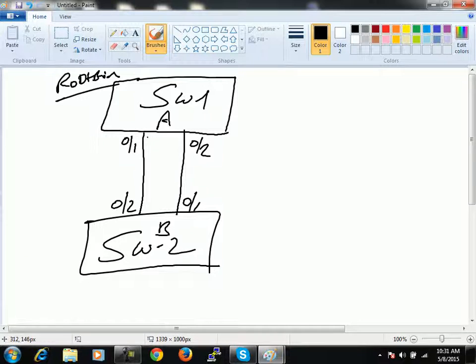So as I said, all interfaces of the root bridge will be DP. And now remember that in a segment, both ends cannot be DP or both be non-DP. In a single segment, like here on this cable, both ends cannot be DP as well as cannot be non-DP.